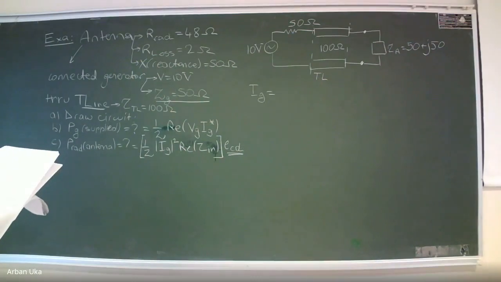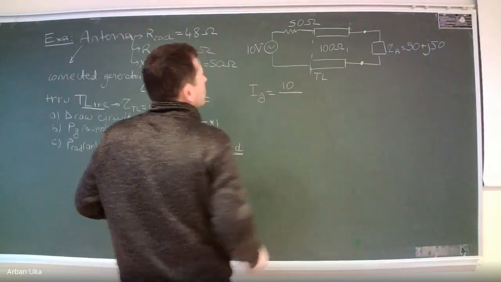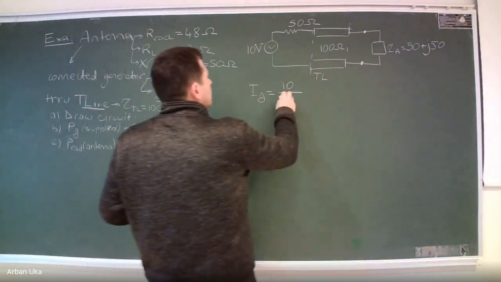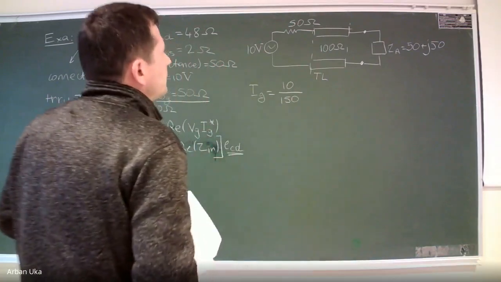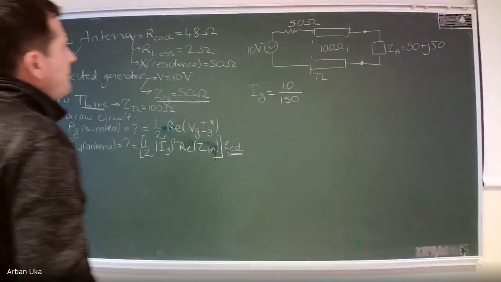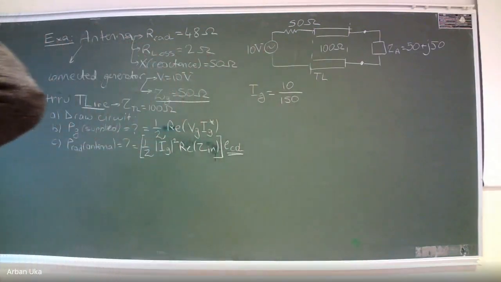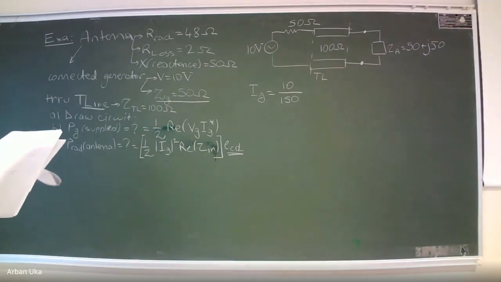So we have here the impedance. This is the current that will flow beyond the generator, and here we have to add the impedance of the transmission line together with the resistance of the antenna.